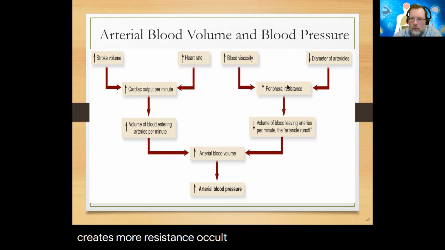Thicker blood is difficult to move as well. Then there's the diameter of arterioles. If I decrease the diameter or the radius of a blood vessel, it increases resistance. That's just saying a smaller tube has more resistance, and therefore there's more pressure.